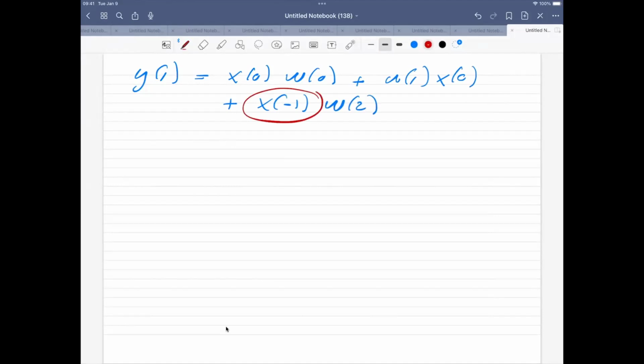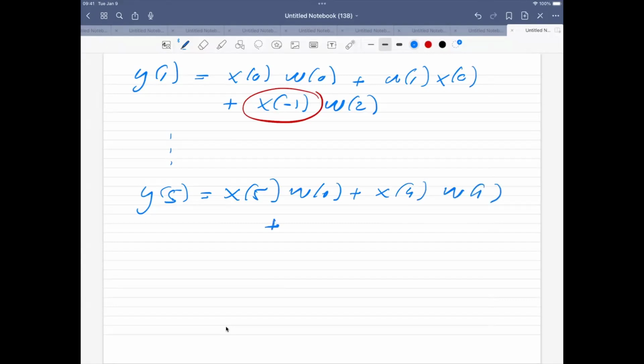Furthermore, before we take a small break here, if we move down to y of 5, you will have x of 5 multiplied with w0, which we have defined, plus x of 4, which we do have, times w1, plus w2 multiplied with x of 3.